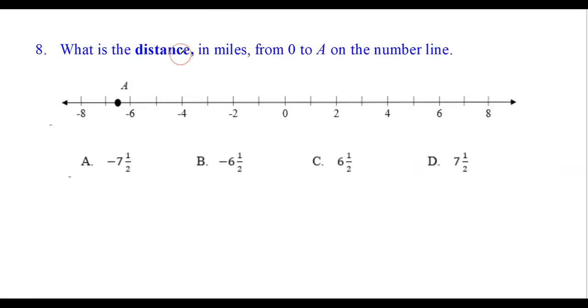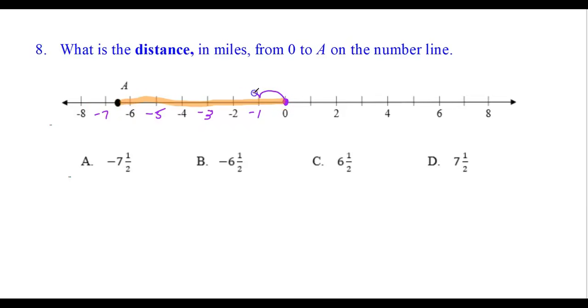Question 8. What is the distance in miles from 0 to A on the number line? From 0 to A. I'll fill in my numbers here. Hopefully you can see that this distance is 6.5.